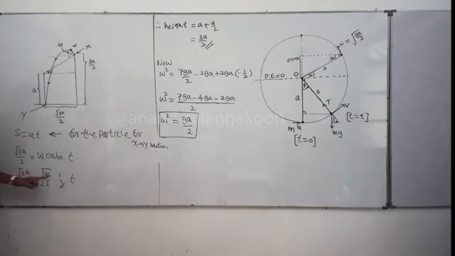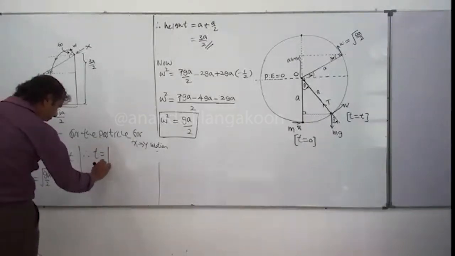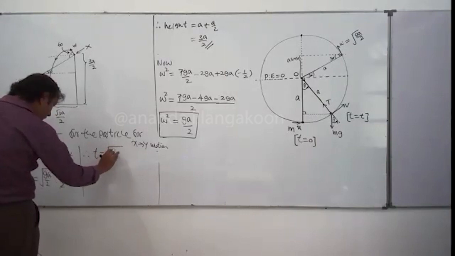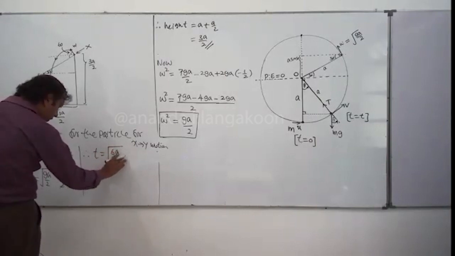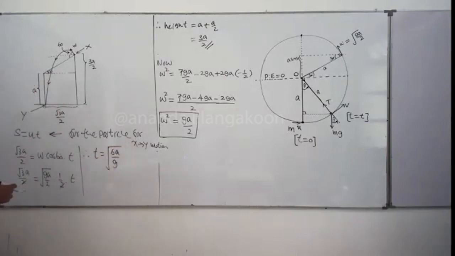This A and this root A you can cancel down. Here we get root A. Root 6A by G coming here as our T. So T is equal to root 6A over G. This is the time the particle takes to move horizontally this displacement.